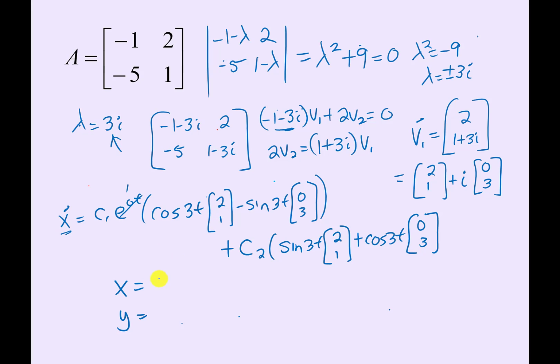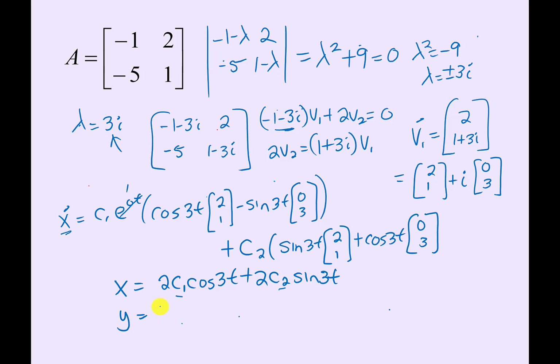So it's going to be 2c1 cosine 3t, and then it's going to be plus 2c2 sine 3t. The other parts of that are 0, so you can see that one is going to want to be circular, except if these c1s and c2s are different values, it will be elliptical instead of circular.